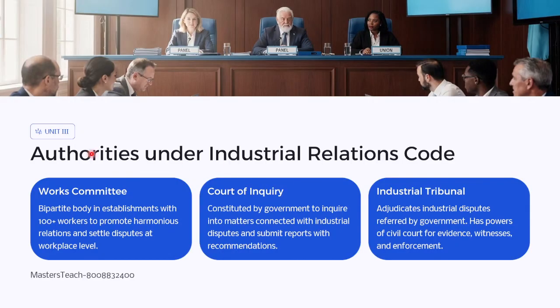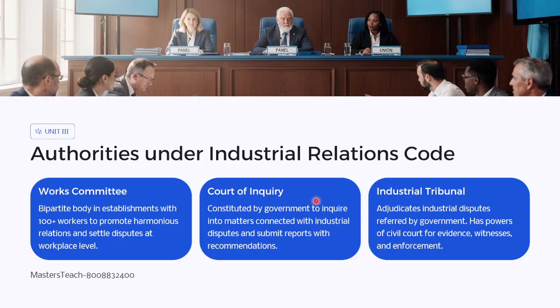Then here in unit 3, authorities under the Industrial Relations Code. Okay, works committee, court of inquiry, industrial tribunal. Works committee: a bipartite body established in establishments with 100 plus workers to promote harmonious relationships and settle disputes at the workplace.